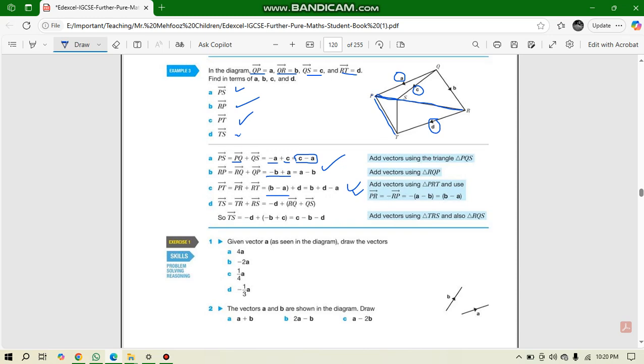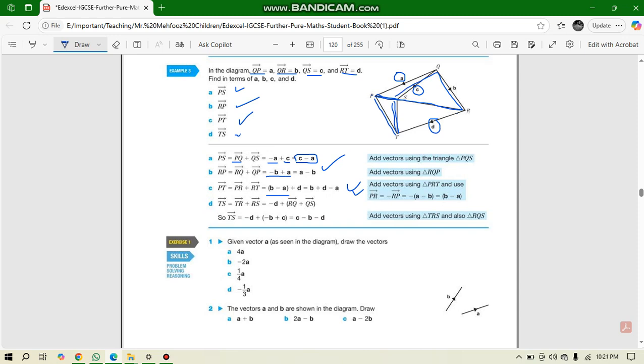Next is TS, this TS small vector. So this small vector can be found by using TR and RS. So what is TR? TR is simply minus D, that is opposite of RT, and RS. RS is basically equal to the sum of RQ and QS, right?